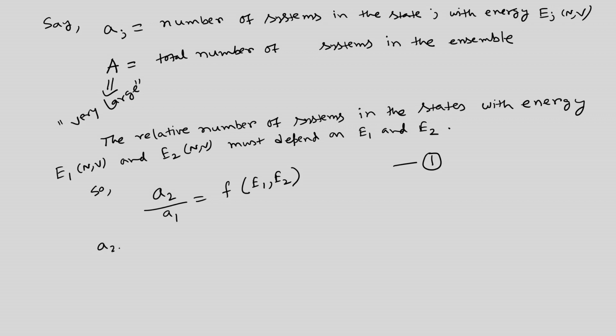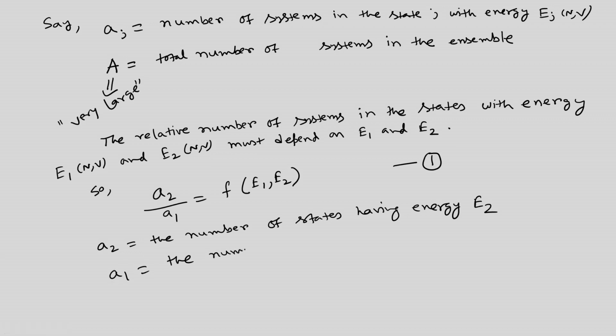A2 is the number of states having energy E2, and A1 is the number of states having energy E1. Fine.